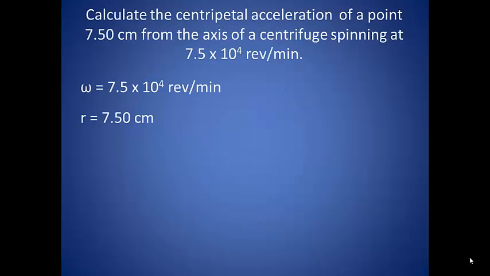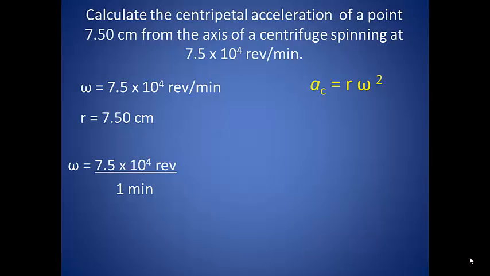So let's calculate the centripetal acceleration of a point 7.5 centimeters from the axis of a centrifuge spinning at 7.5 times 10 to the fourth revolutions per minute. Since we are given the velocity in revolutions per minute as opposed to meters per second, we need to convert that into a change in rotation angle and find the angular velocity. Now remember that angular velocity is recorded in radians per second.